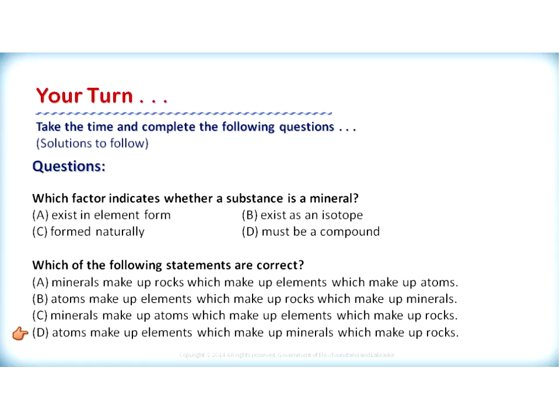So therefore, minerals could be eliminated as the smallest particles of matter, or the beginning of this sequence. And if we look at the last words present, we know that rocks will be the final end. So we're looking for rocks at the end, atoms at the beginning, and therefore D would be your answer. Atoms make up elements, which make up minerals, which make up rocks.